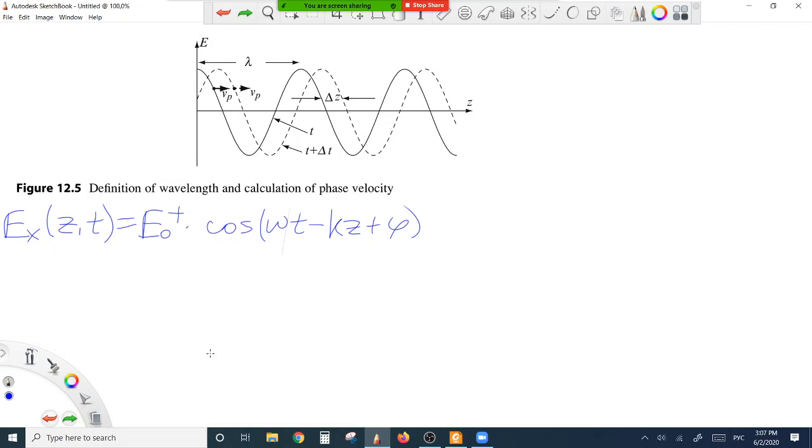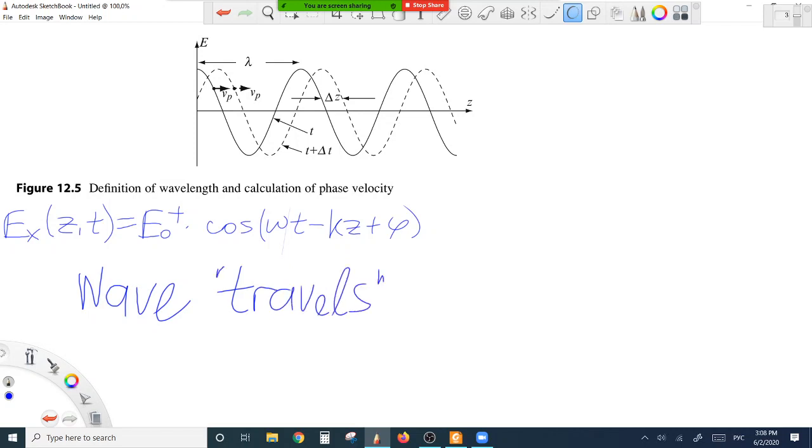In other words, we can say that the wave travels at a certain velocity.